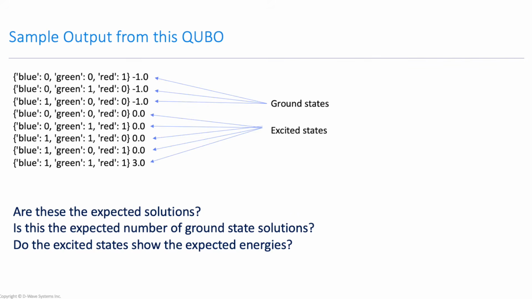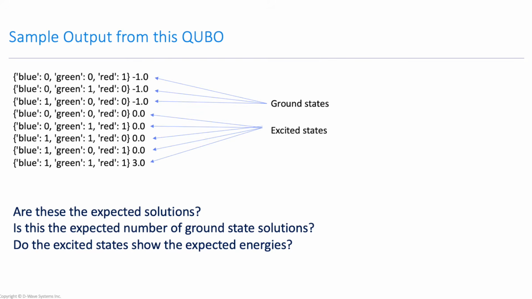And also, if we look at the fifth line, there green is turned on and red is turned on. So that's a solution where we've turned on 2, one too many. And it looks like the sixth line and the seventh line are also examples like that. So do those show the expected energies? I think so.